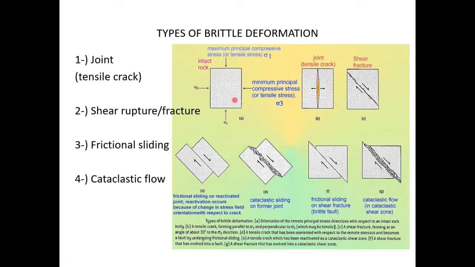If you know in which orientation sigma 1 and sigma 3 act on these planes, you can understand that these two fractures cannot form at the same time under exactly the same stress distribution, which means this region experienced some change in stress field. The distribution of principal stresses must have changed over time from north-south to east-west.